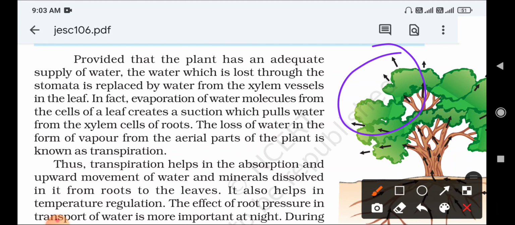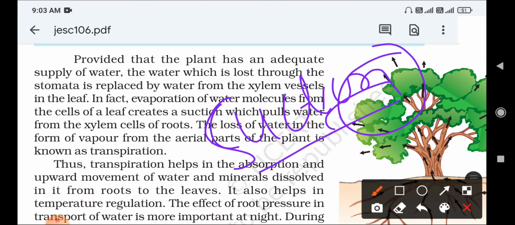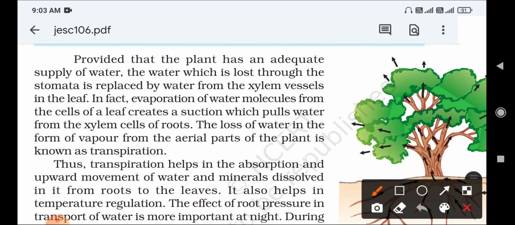This evaporation creates a suction, a force. Due to this force, the water molecules move upward from the xylem cells of the roots to the leaves.